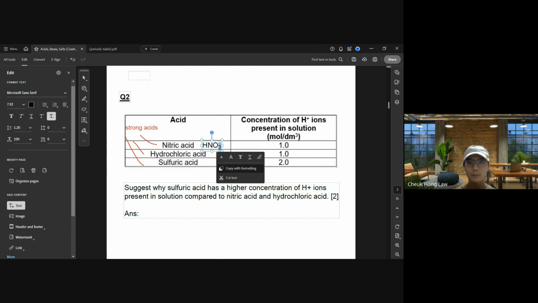This is the chemical formula of nitric acid. Then hydrochloric acid is HCl. Sulfuric acid, H2SO4.